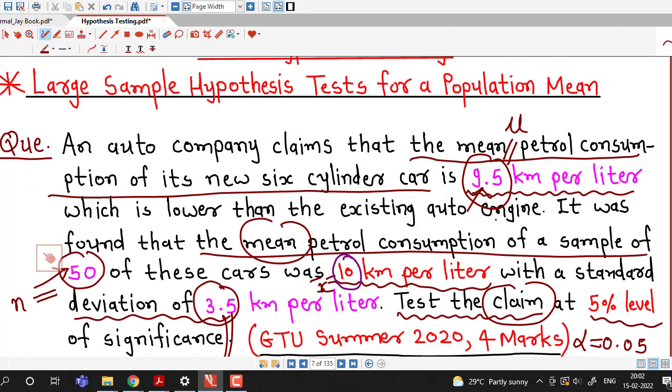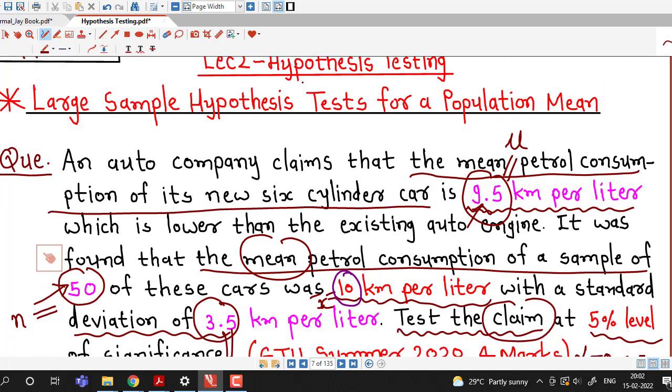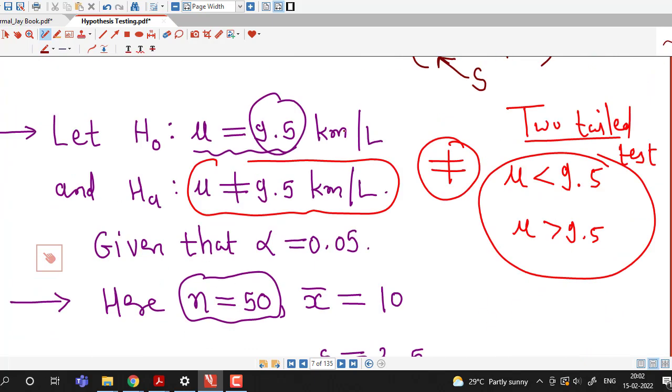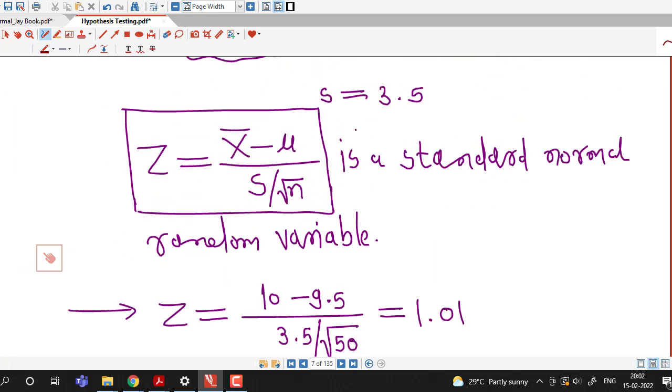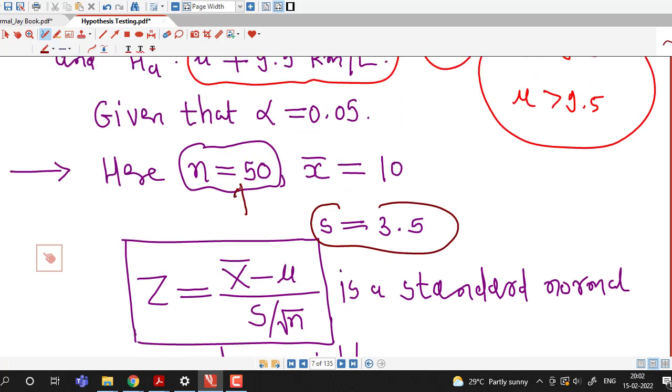So in this way we can apply a large sample hypothesis test for a population mean, and here we keep in mind that the sample standard deviation is given, but because we have a large sample we are replacing the population standard deviation sigma by the sample standard deviation.